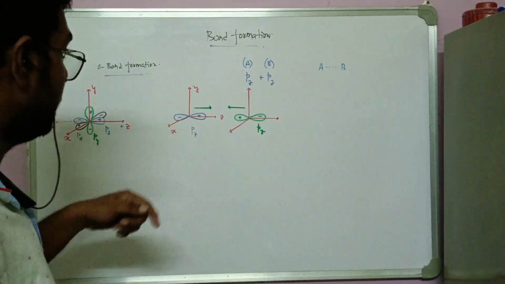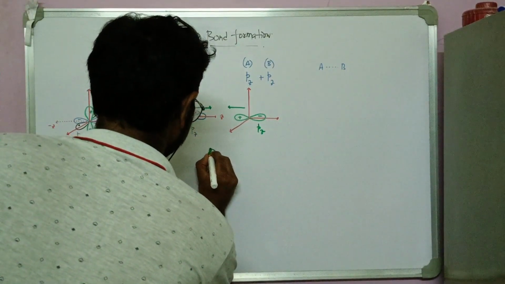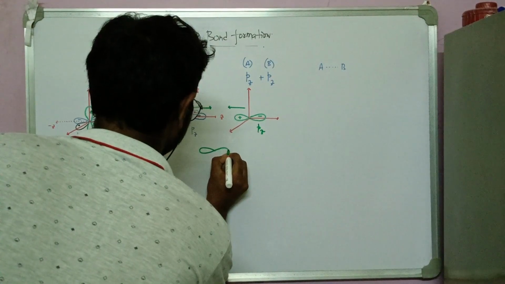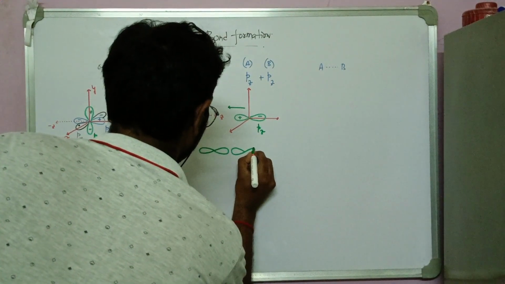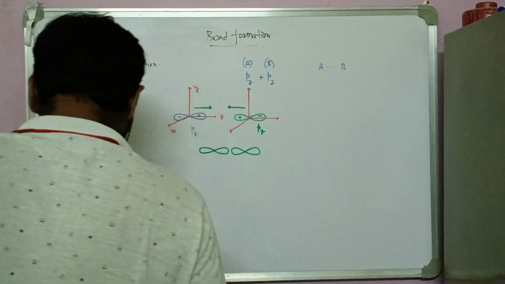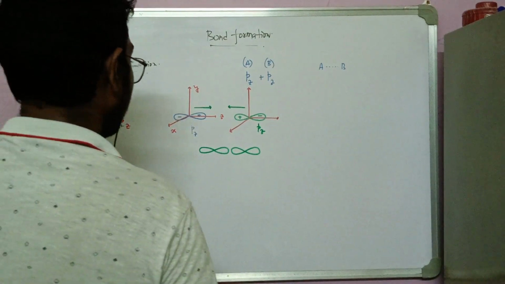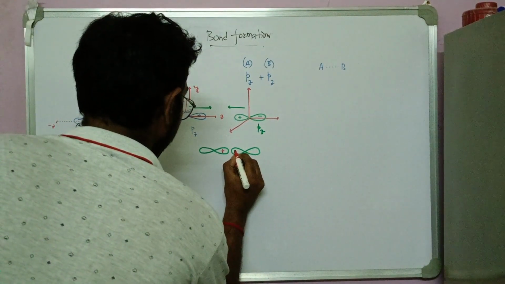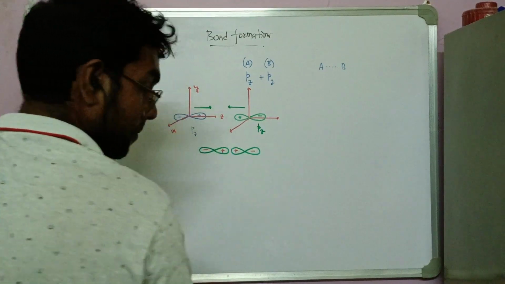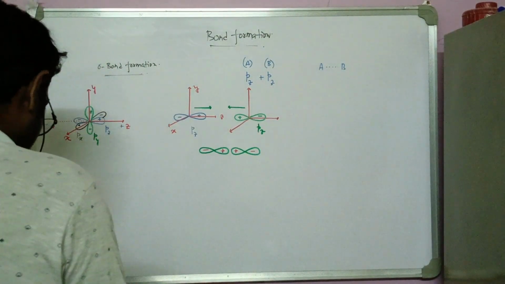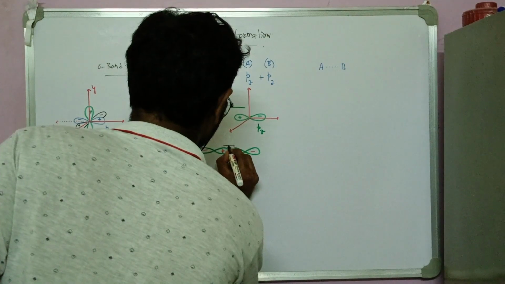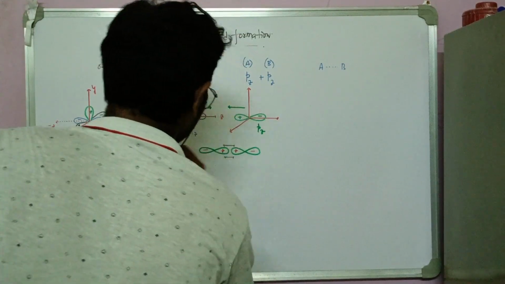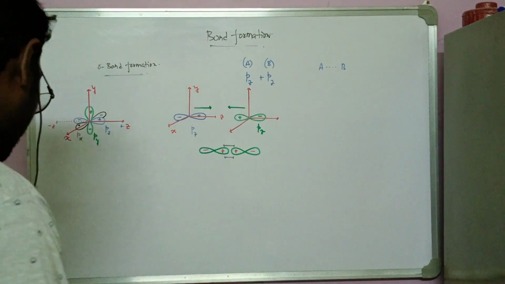And as we can see, as the distance is getting decreased between them, at one time they will arrive closer to each other, and it is looking like plus plus minus minus. Okay, and if they reach each other in such a manner, then we can see how many lobes are interacting with each other.